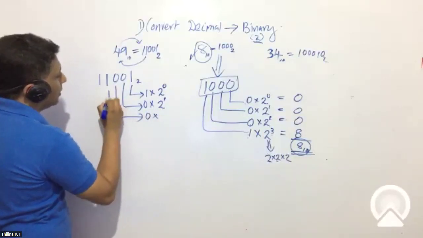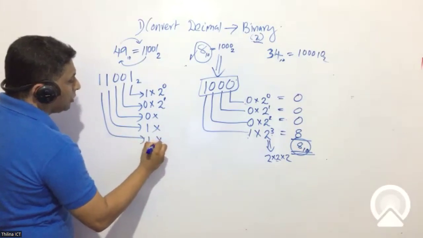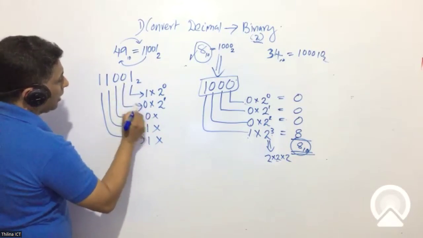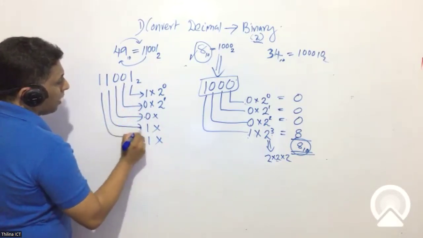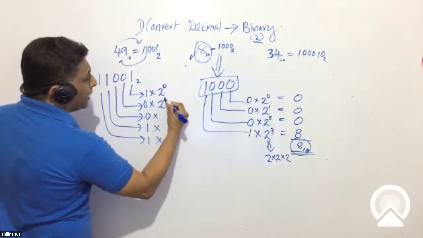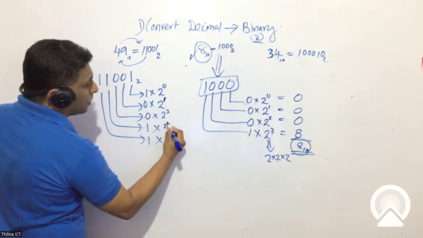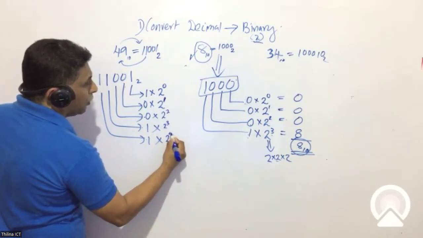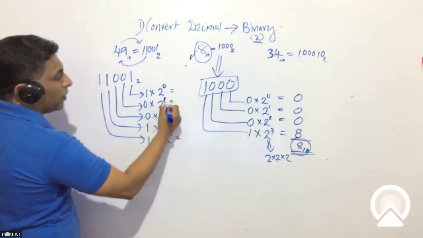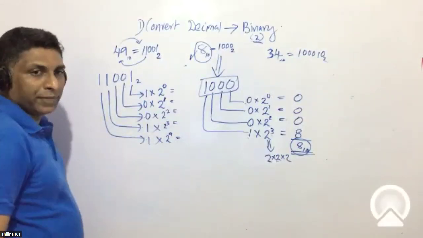Make sure, double check it: 1 came here, 0 came here, 0 came here, 1 came here, 1 came here. Now put the weightages: 0, 1, 2, 3, 4. Now write the value: 0, 1, 2, 3, 4. That way you won't miss anything.